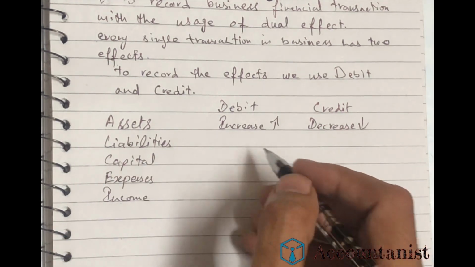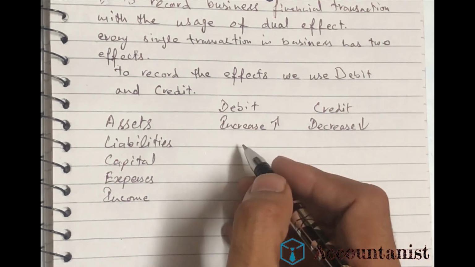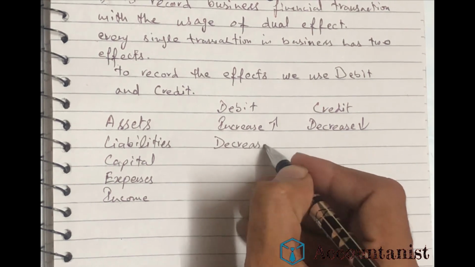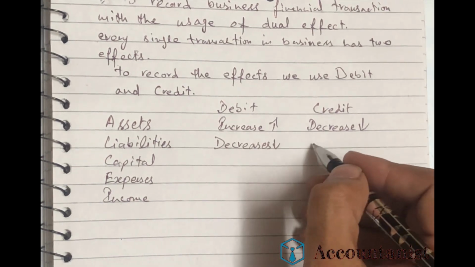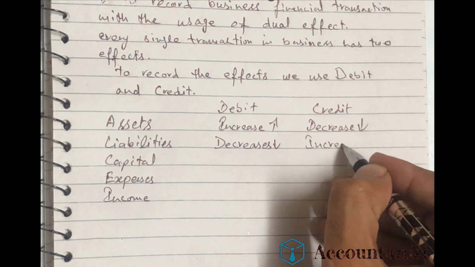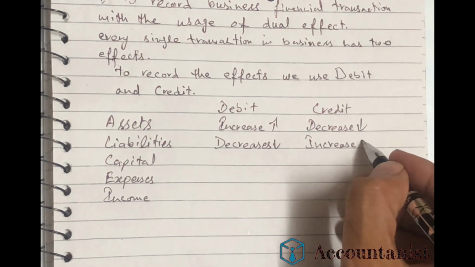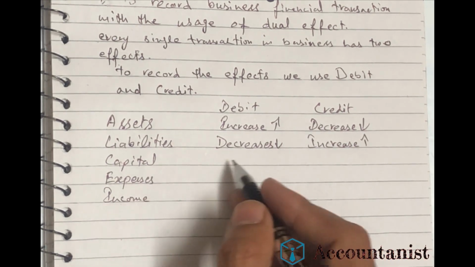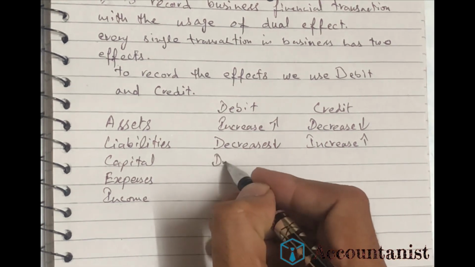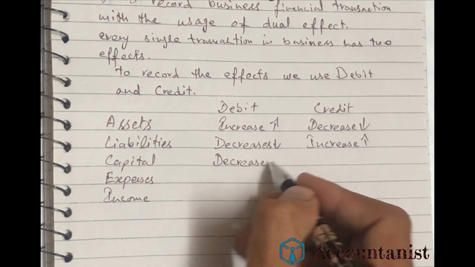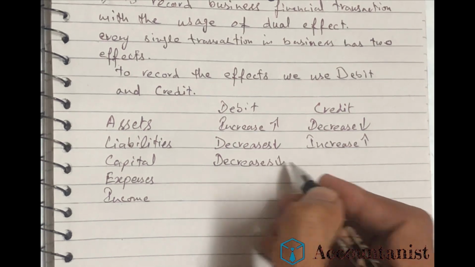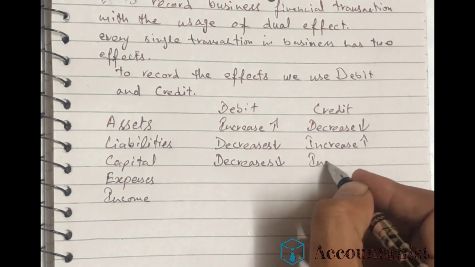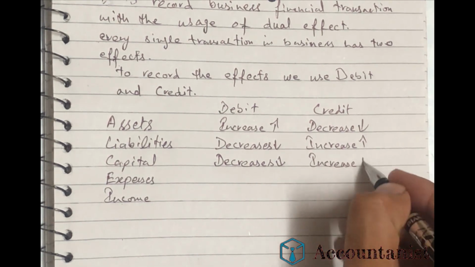So for the next element we use the opposite, means we will do debit once the liabilities decrease, and we will do credit once the liabilities balance goes up. The capital is similar to the liabilities, means its decrease we record on a debit side, and once it goes up, increases, we'll record on a credit side.